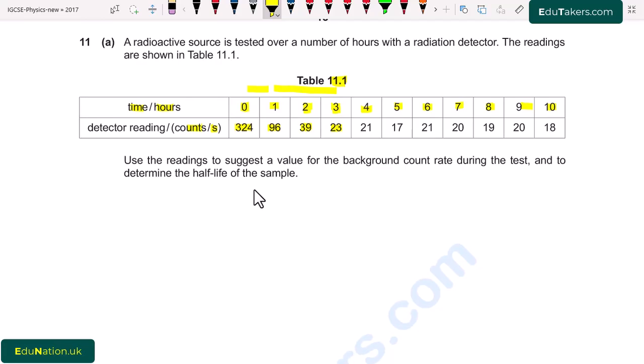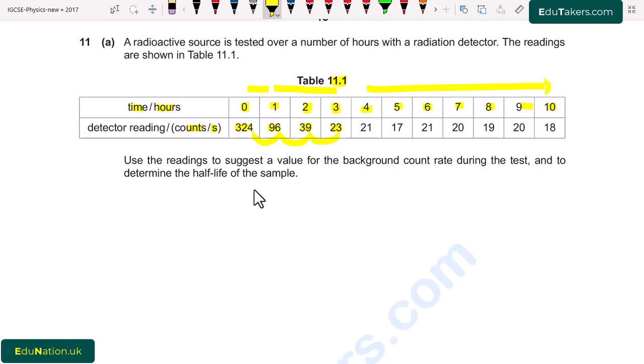First of all, it is 324 and then it becomes 96 and then 39, again 23. But from time 4 to 10, we can see that the decrease in count per second is very small. Means that here the count rate decreases but by a very small amount.